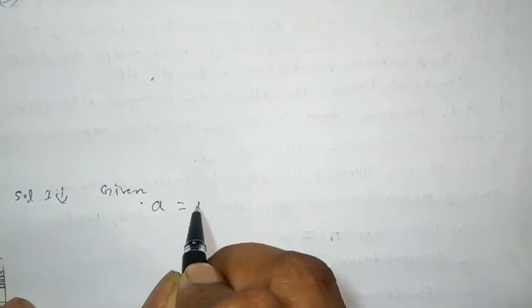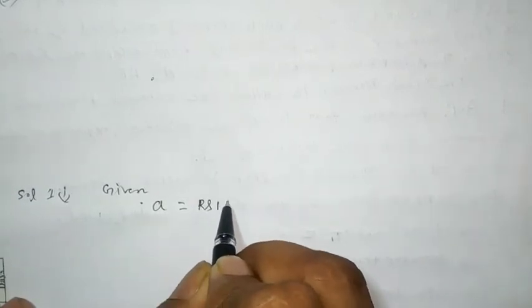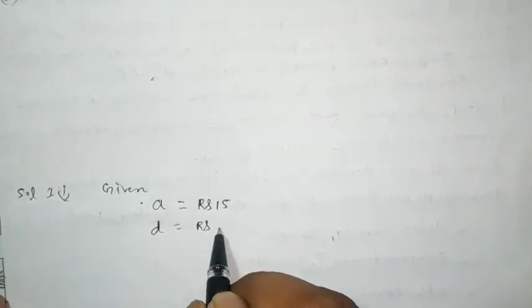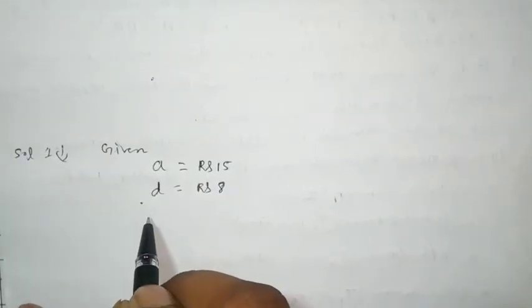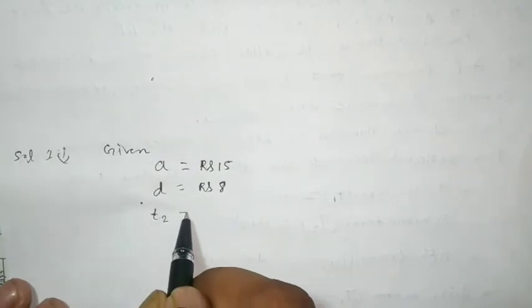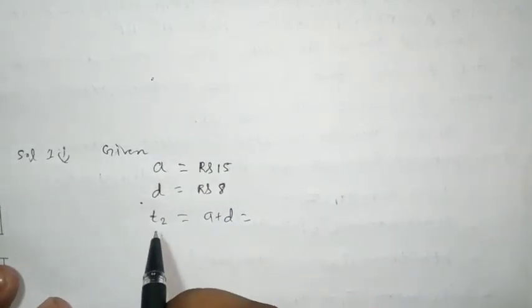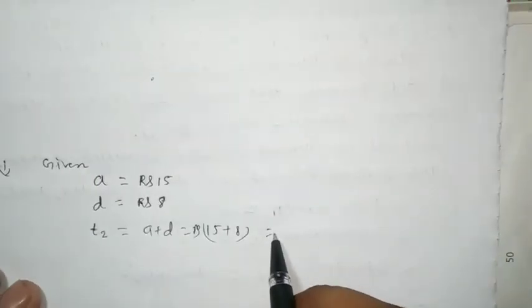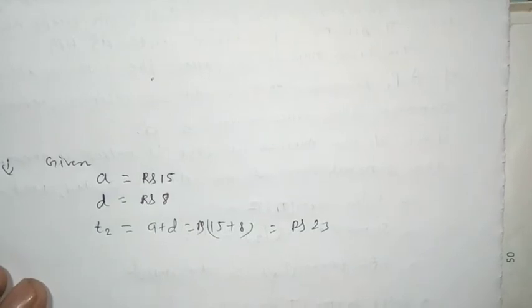According to the question, the first term A is equal to rupees 15, D is equal to rupees 8, because after each additional kilometer the fare is increased. If you want to go 2 kilometers, then A plus D, 15 plus 8, which is rupees 23.